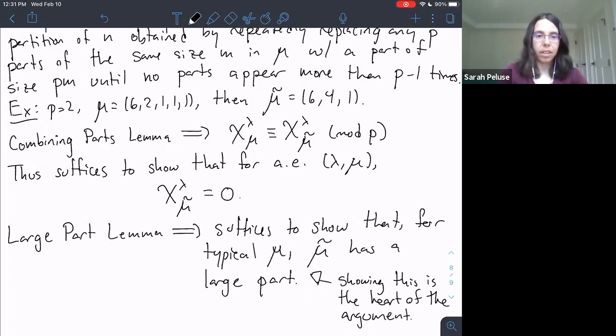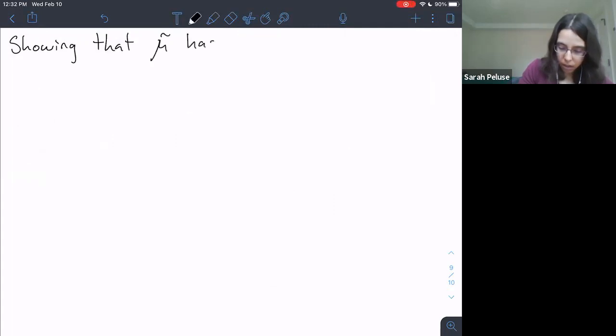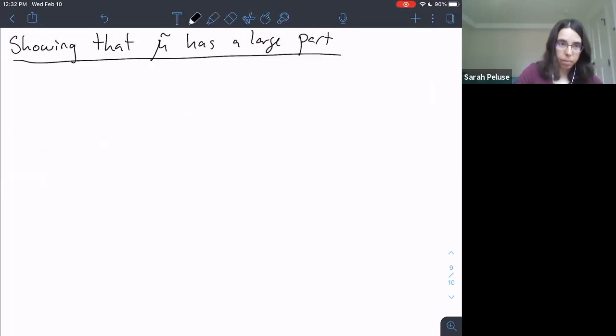So now I'll describe how we show that. We do it by following a partition statistic. We define it for any integer k that's relatively prime to p, and any partition mu.